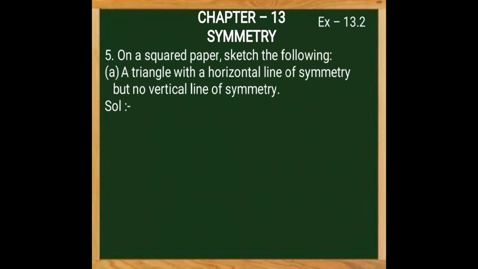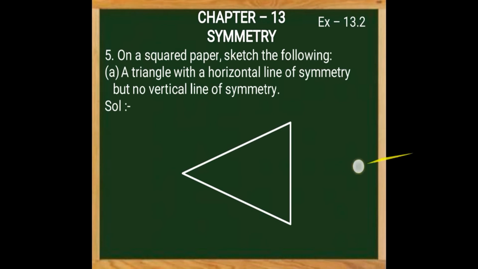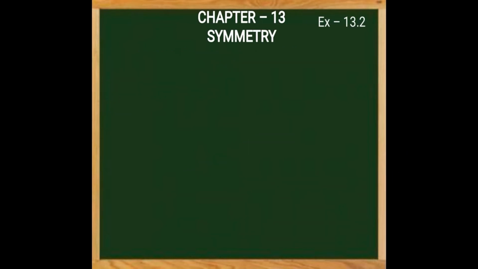But since they are saying it should not have a vertical line of symmetry, what you'll do is rotate that isosceles triangle by 90 degrees, which will lead your figure like this. And then when you draw the line of symmetry, it would be a horizontal line of symmetry and not a vertical line of symmetry, right?